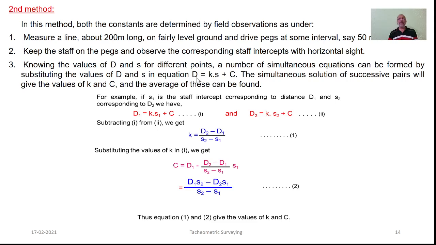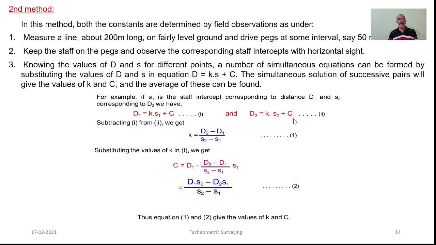As such, here we'll have the first expression, d1 is equal to ks1 plus c. So with 100 meters distance, say, we can have another expression, d2 is equal to ks2 plus c.